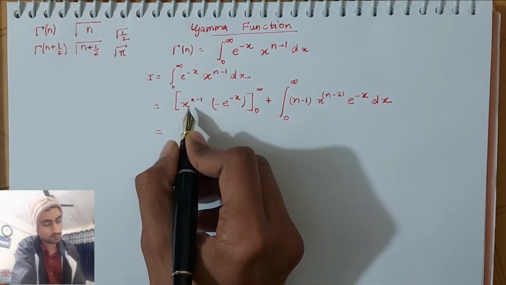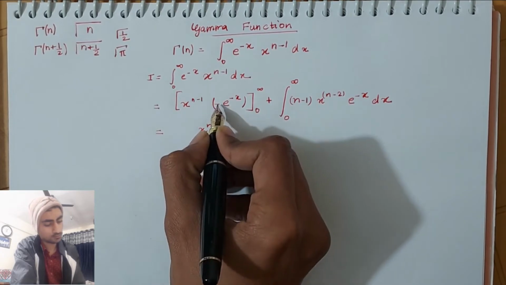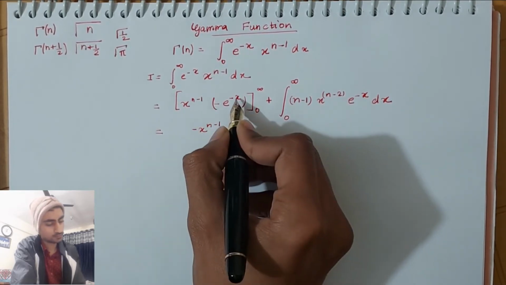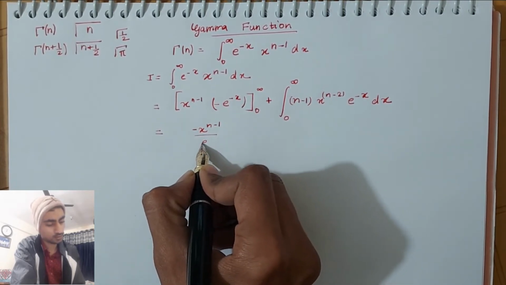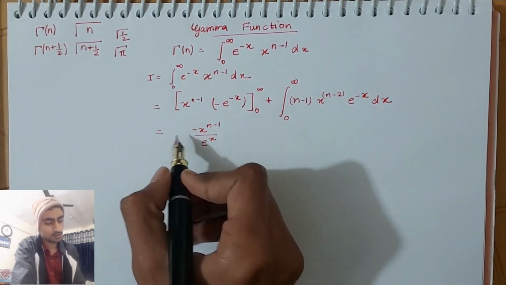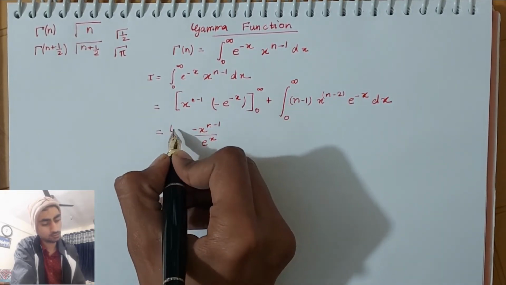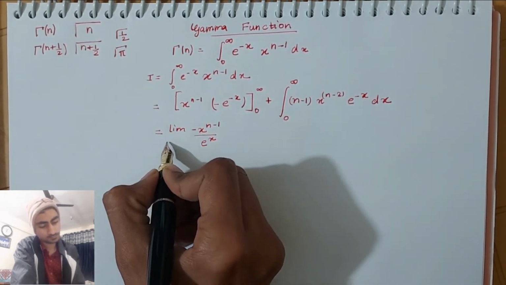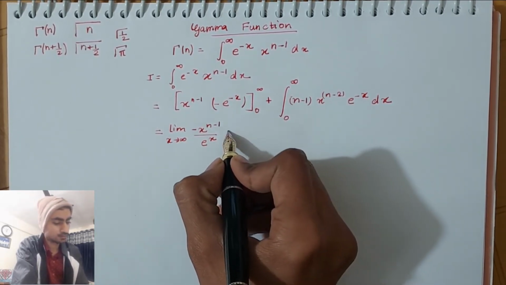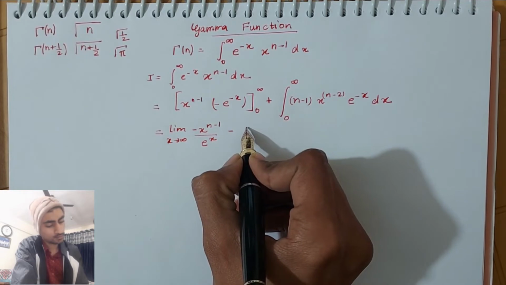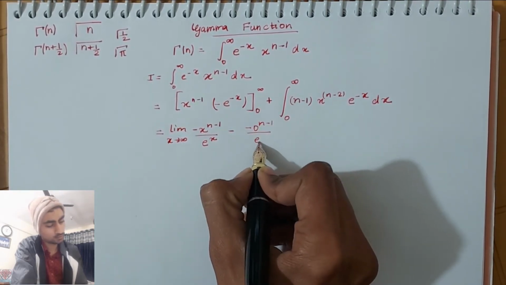It can be written as x to the power n minus 1 with a minus sign, and this minus can be utilized to reciprocate this, giving e to the power x in the denominator, if we apply the upper limit, x tending to infinity. The second part would be minus 0 to the power n minus 1 divided by e to the power 0.